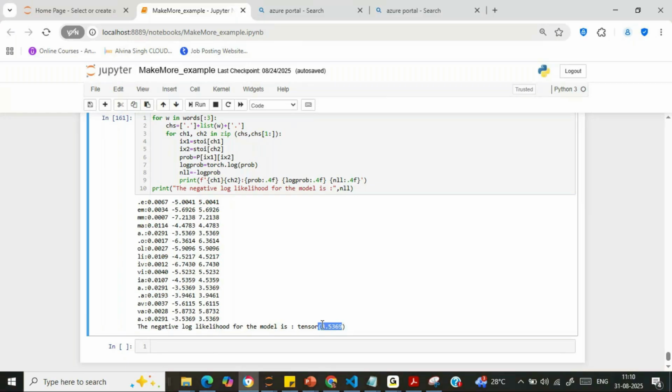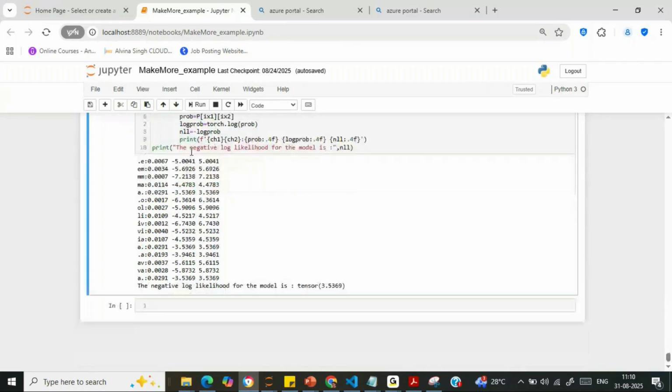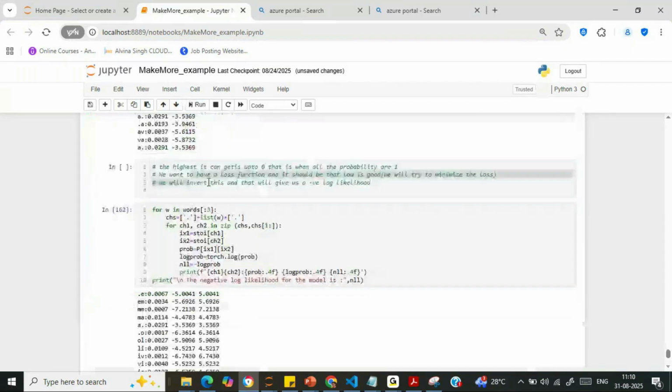And if it is more, then the model will be behaving bad, and what we need to do is move it towards the zero side. So that's what we are able to get with the help of this. So 3.5369 is the value for this particular complete model, for these particular three words what we are having.